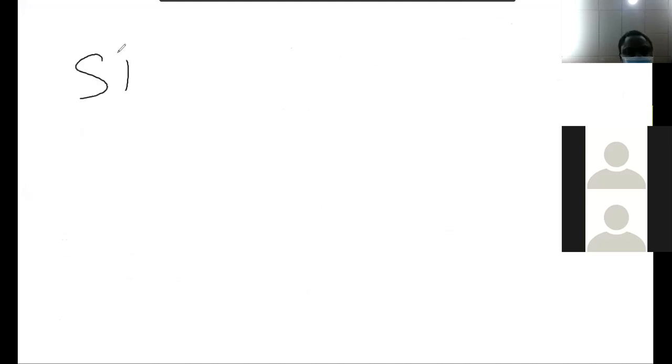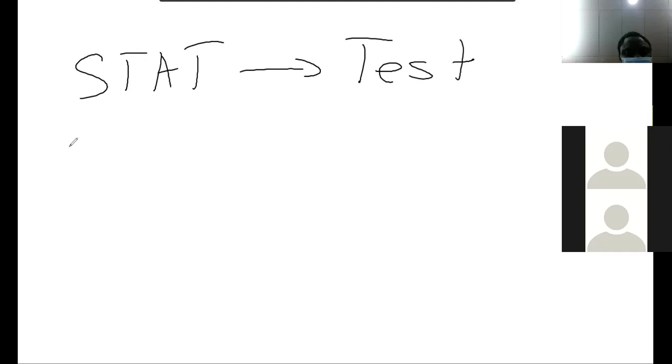You do start, test, and look at the list that is there. You will see 2 sample Z interval or something like that. Can somebody check? Probably after 8, yes. 2 sample Z interval.